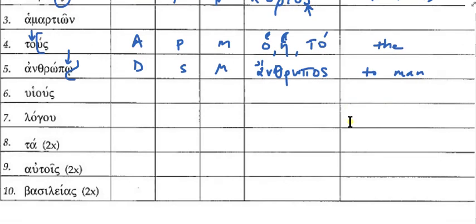So let's look at autois for a second. What's the stem vowel here? Omicron. That means that the case ending is not just sigma, but what comes after the omicron is iota sigma. That tells me it's what case and number? Dative, plural. Now, when it's omicron, what are my possibilities? Masculine or neuter.